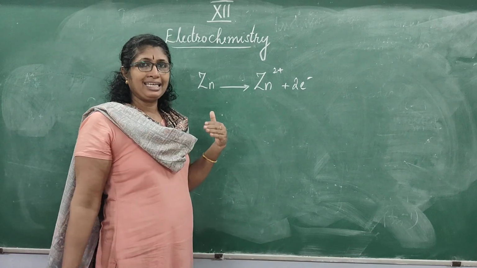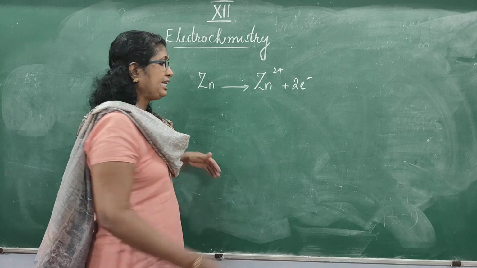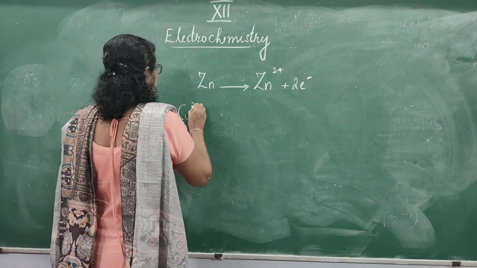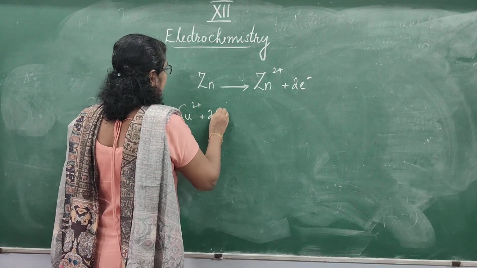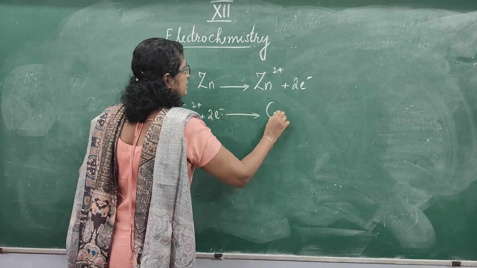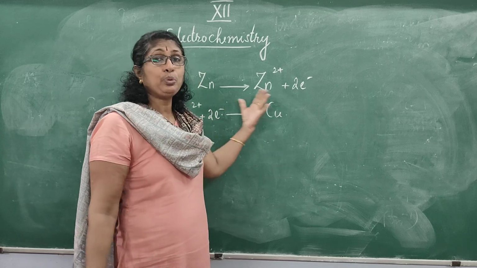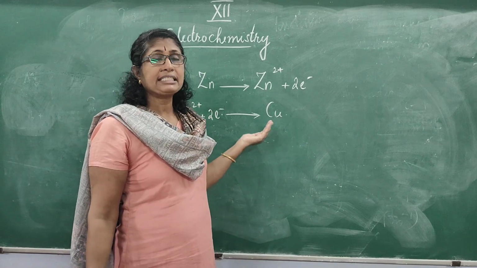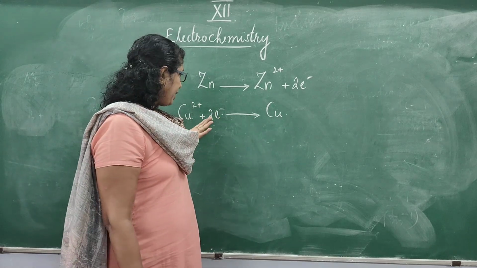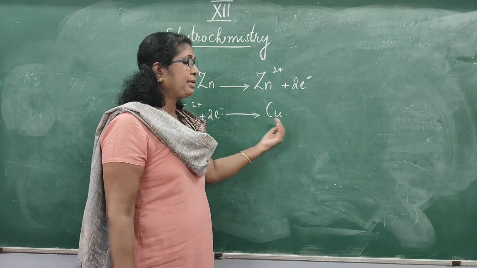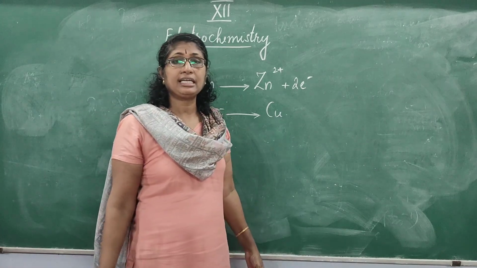Now what is reduction? Reduction is gaining of electrons. Cu2+ plus 2 electrons gives Cu. Here copper ions are reduced to copper by accepting 2 electrons. Copper ions accept 2 electrons and become copper atoms. So this is reduction.